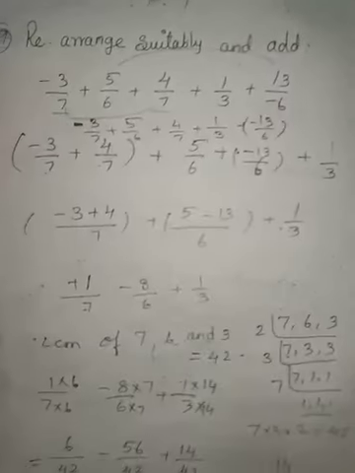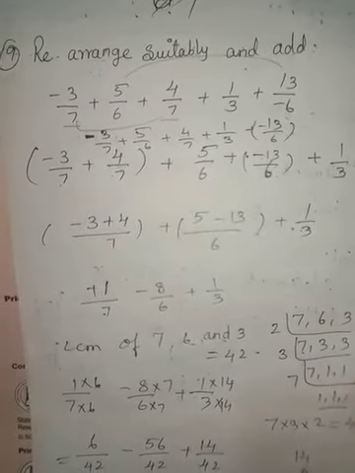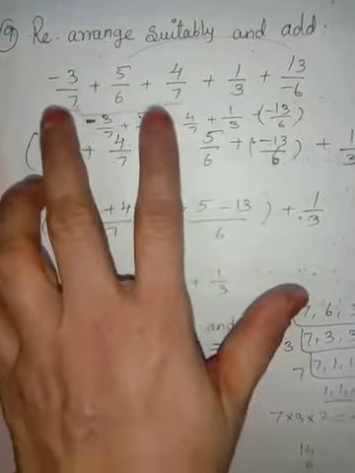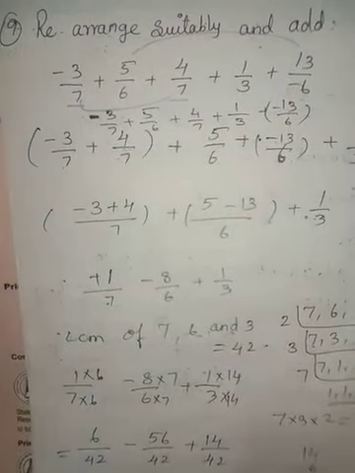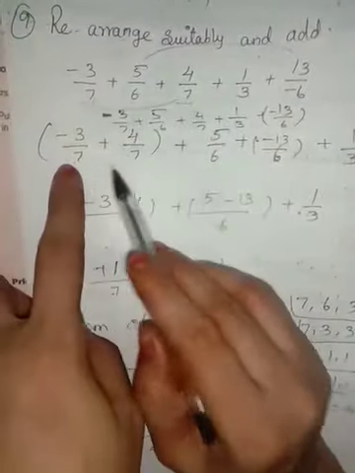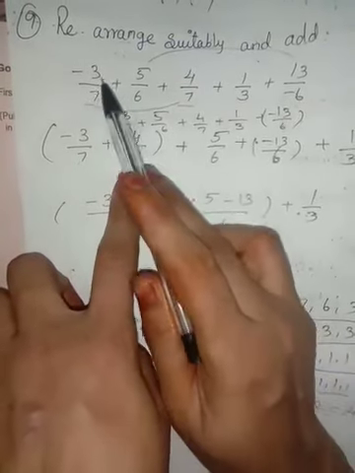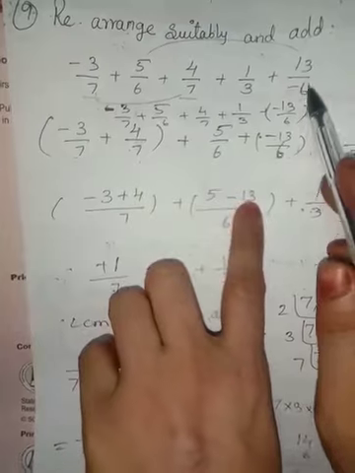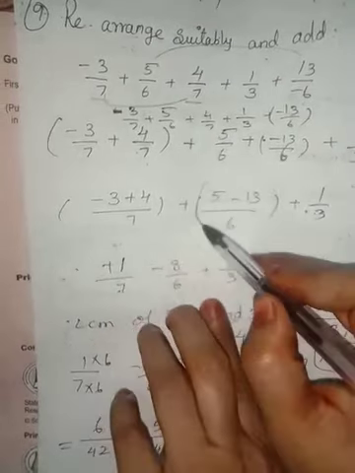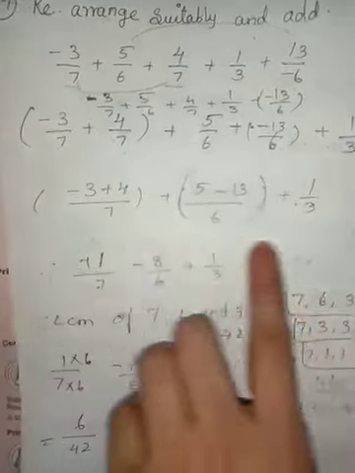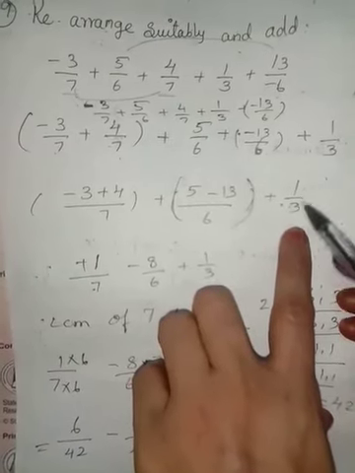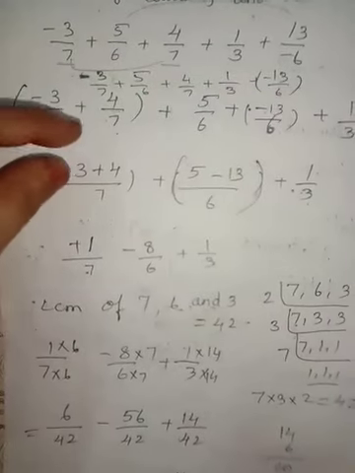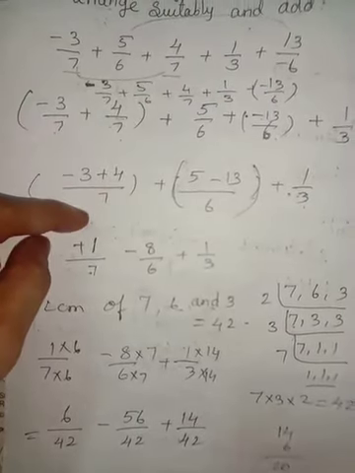Then, rearranging suitably and add. First we arrange these rational numbers. What is rearrangement? You take the like denominators. So minus 3 by 7, 4 by 7, 5 by 6, minus 13 by 6. These are like denominators. The other one is 1 by 3. So we add the numerators with the common denominator.